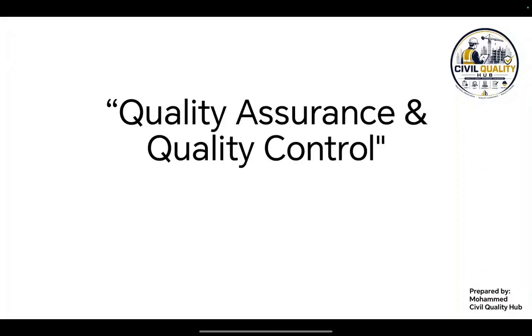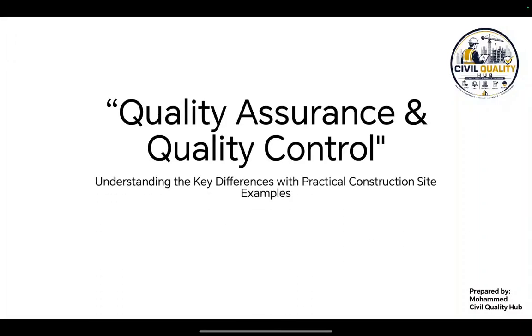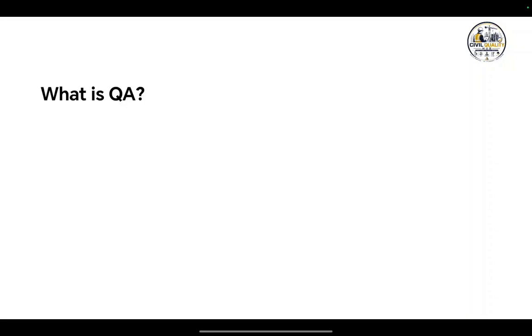In this video, I will explain what is quality assurance with construction examples, what is quality control with construction examples, then the complete QA and QC processes with real construction site examples, and an easy trick to remember the difference. So let's get started with the first slide.